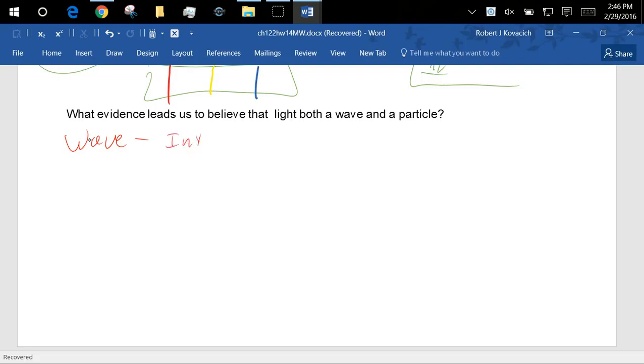PI. I should always just erase and start over. That's something weird about the brain. So we have constructive. And we have destructive.